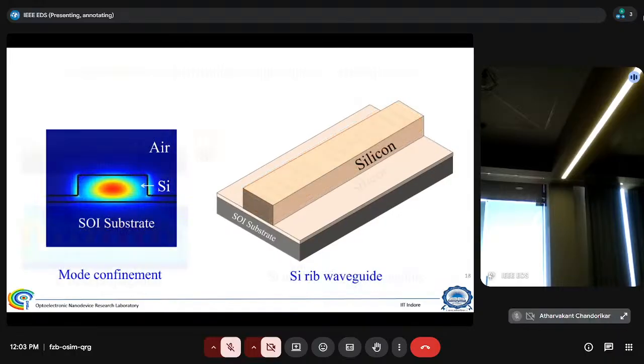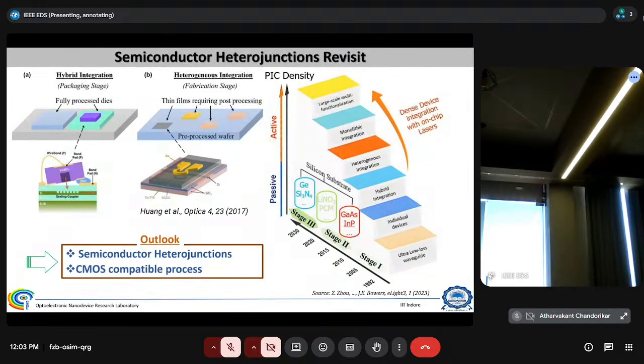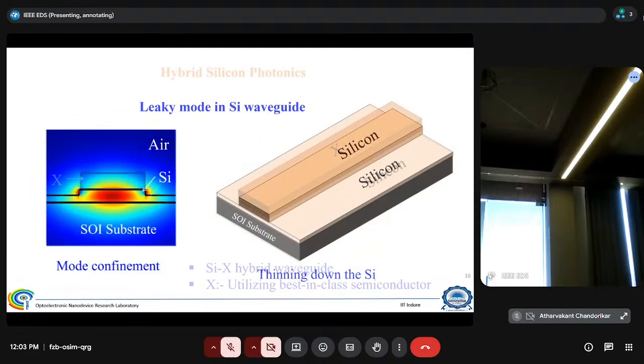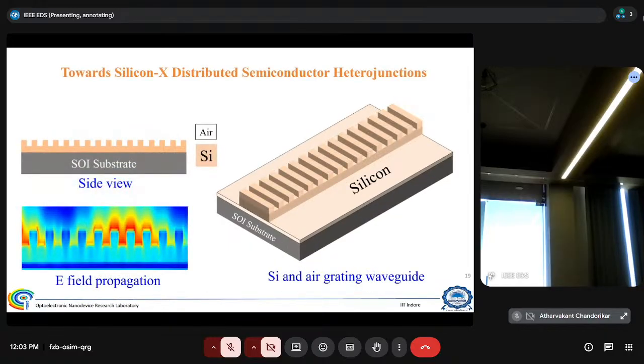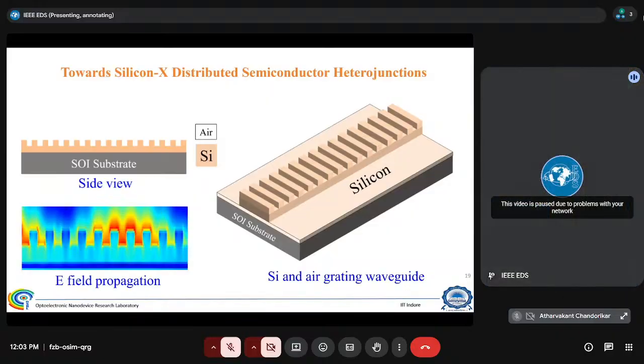Another thing which you can do is you try to engineer this silicon where you form this grating kind of structure using our lithography and then wet etching process. We created this trench over the silicon.